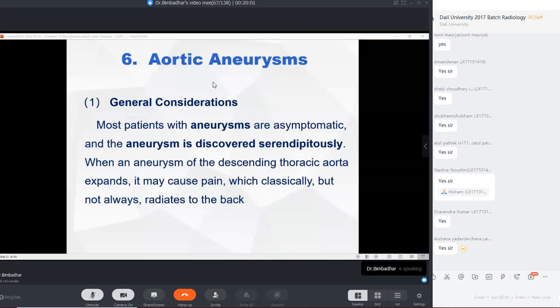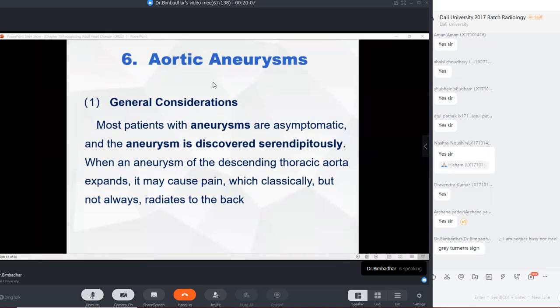Okay, Grey Turner's sign. Okay, Grey Turner sign is nothing but the accumulation of fluid or blood, with complete bluish discoloration of the abdomen, which is a characteristic feature and resemblance for internal hemorrhages.